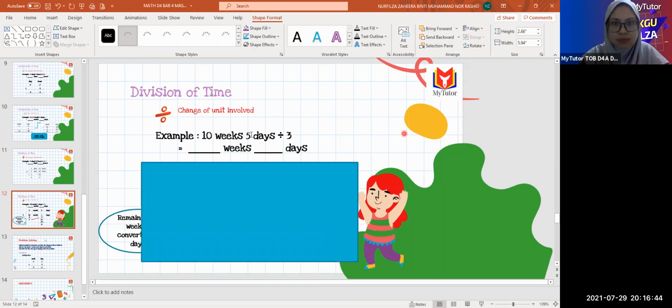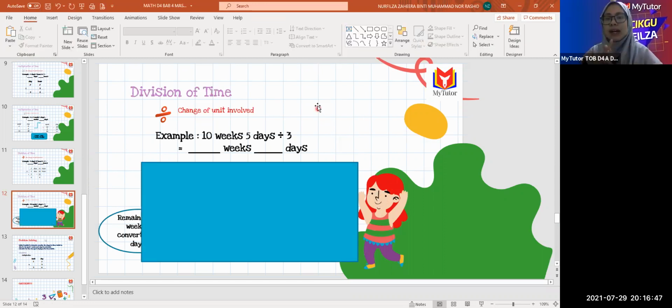Okay, this one involves units, meaning that you might need to change your unit. 10 weeks, 5 days is divided by 3. So how many weeks do you get? How many days? Can I go to get some? Yes, okay, go get some water, but make sure you continue doing this. Make sure after you get your water, come do the exercise. All right, so please copy this down.